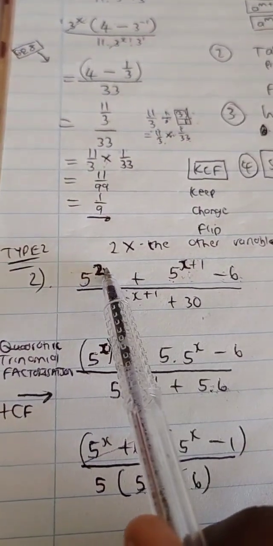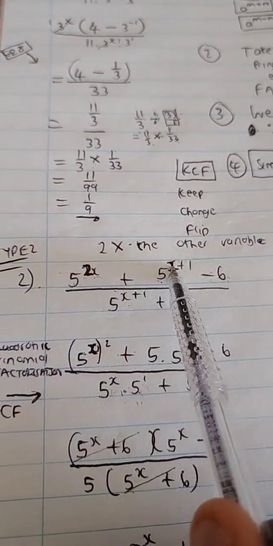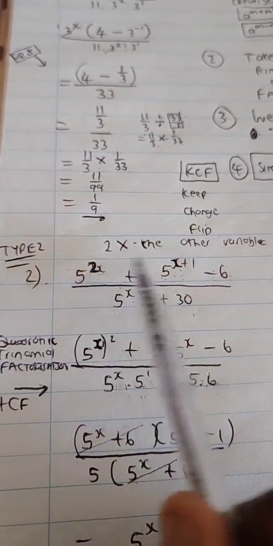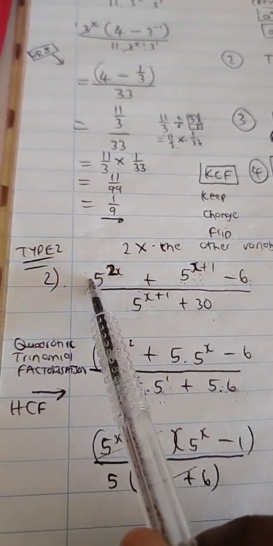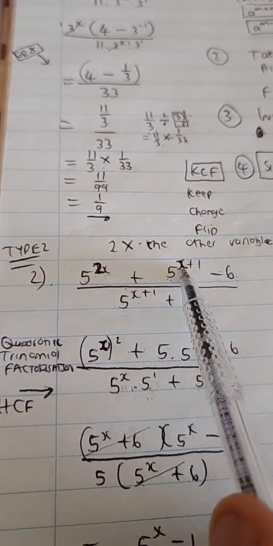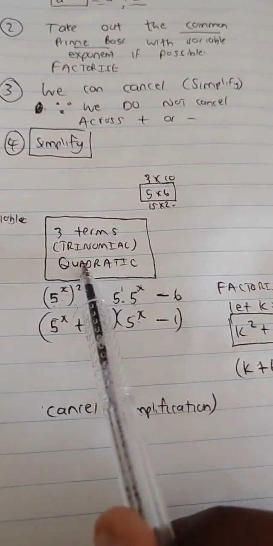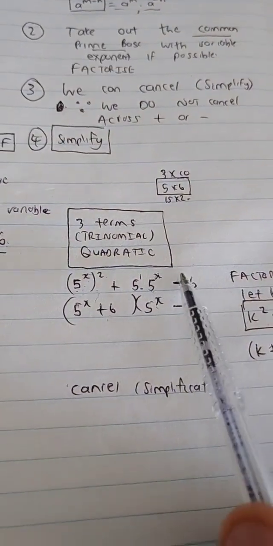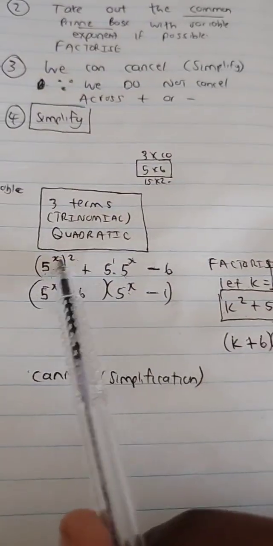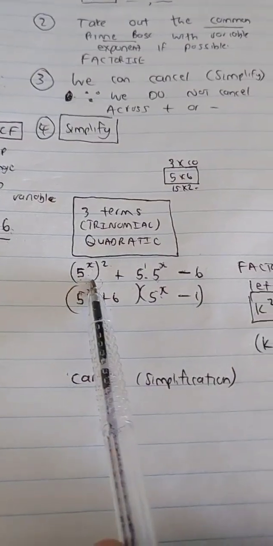For the same base for different terms, the coefficient is 2 times the other one. The minute you have same base for different terms and you see a situation where the coefficient for x, the variable, one is 2 times the other, that immediately says to you, we have a quadratic expression. Therefore, we can factorize. For 3 terms, you can factorize that quadratic expression using your factorization.